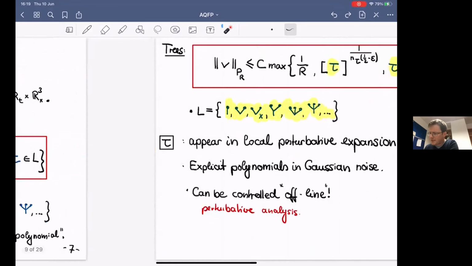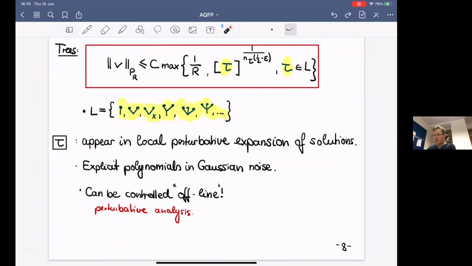Let me discuss a couple of features of this estimate. These trees, as I had already told you, are terms in a stochastic expansion. These are all super renormalizable theories, so you only have to renormalize a finite number of terms in the perturbative expansion, and I think these are all given in this list here.